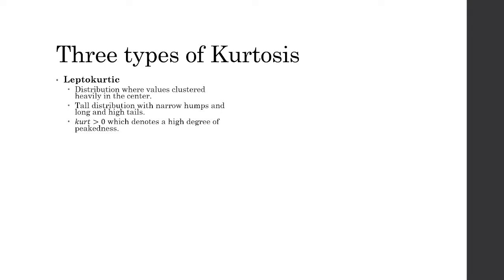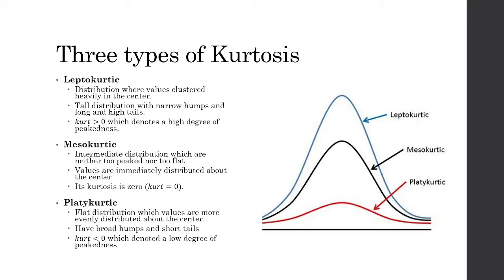This is a distribution where values are clustered heavily in the center, meaning we have a higher peak in the distribution. It is quantified by the kurtosis number, wherein if we have a kurtosis that is greater than zero, it denotes a high degree of peakedness. Meaning to say, any kurtosis that is larger than zero may be considered as leptokurtic.